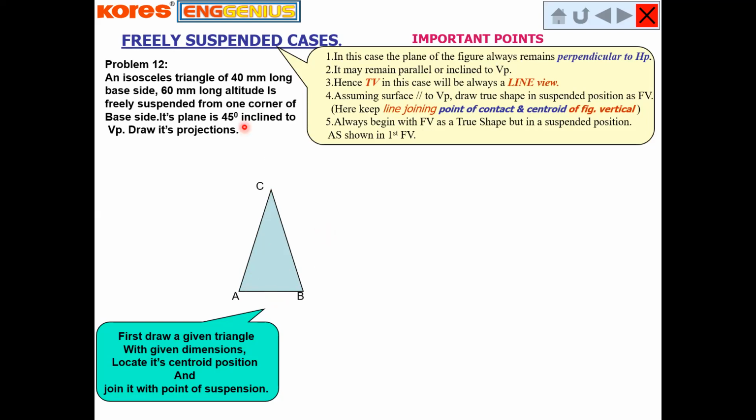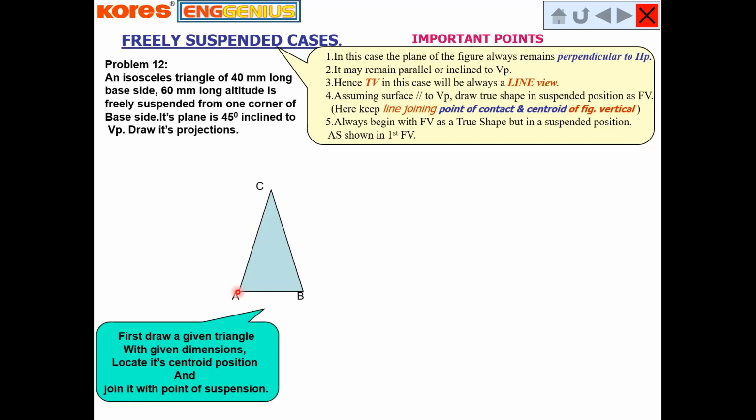Now, what is given in the data further is that this isosceles triangle plane is freely suspended from one corner of the base side. Here we have the base side as AB, so either A or B. At that corner, we attach one string, and with the help of that string we suspend this plane, and we need to find how it will be oriented.